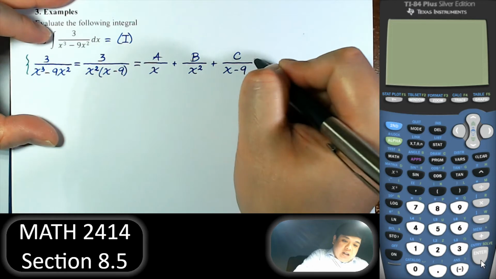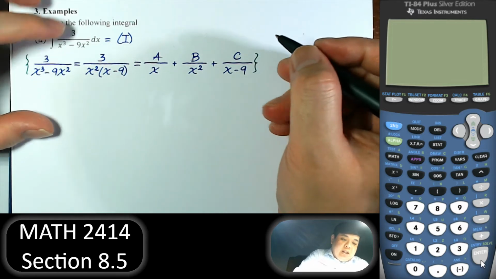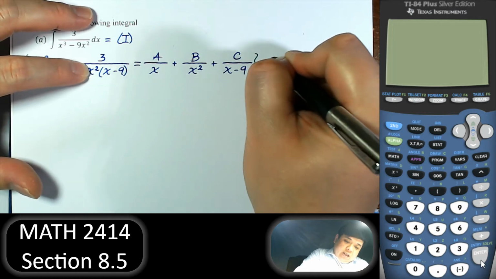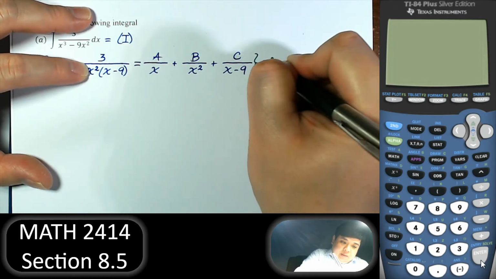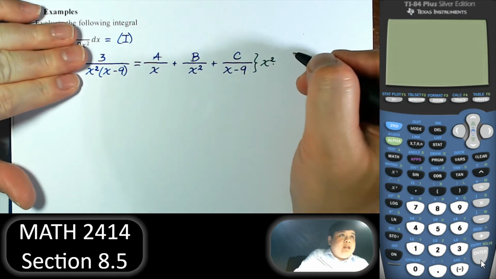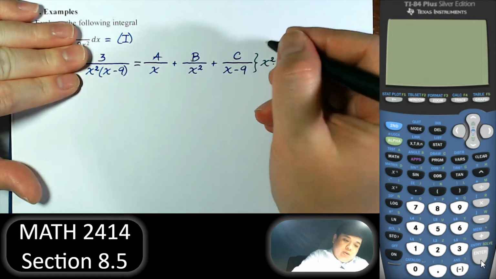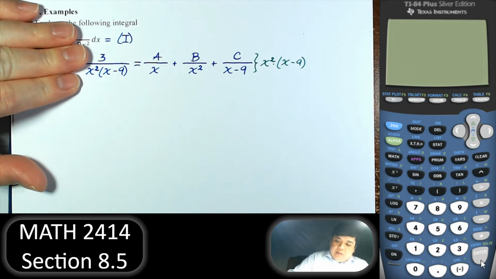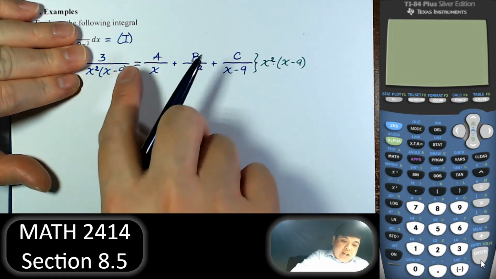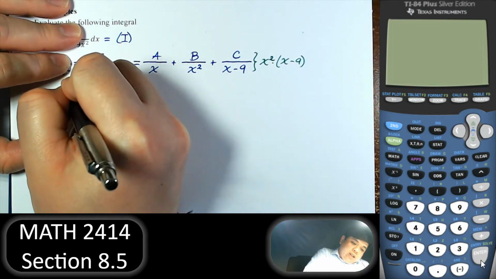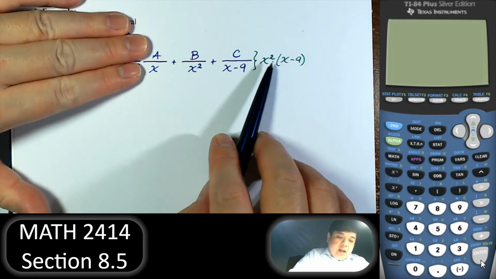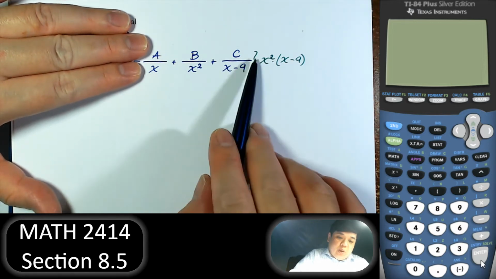Multiply both sides by the least common denominator, that x squared times x minus 9. Now we just look at this, actually, just those two. So x squared, that cancels out, we just have 3 equal to x times that, so we're left with an x.